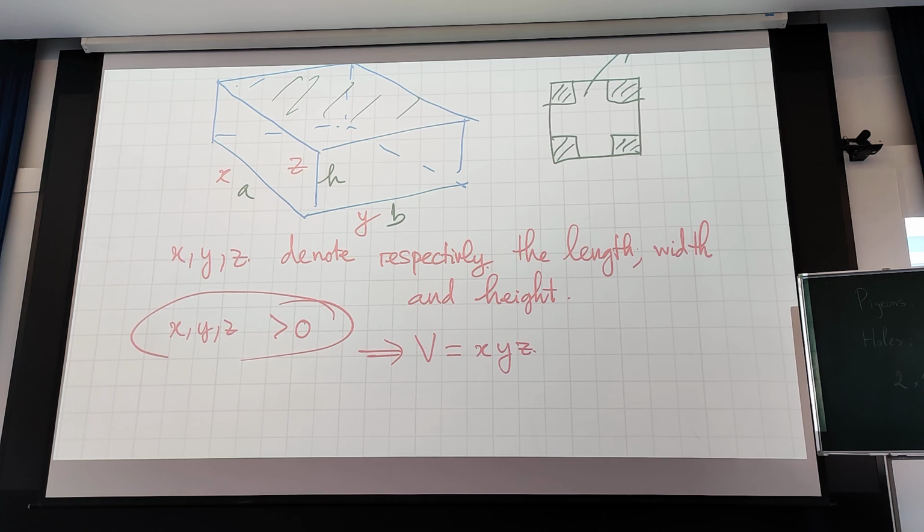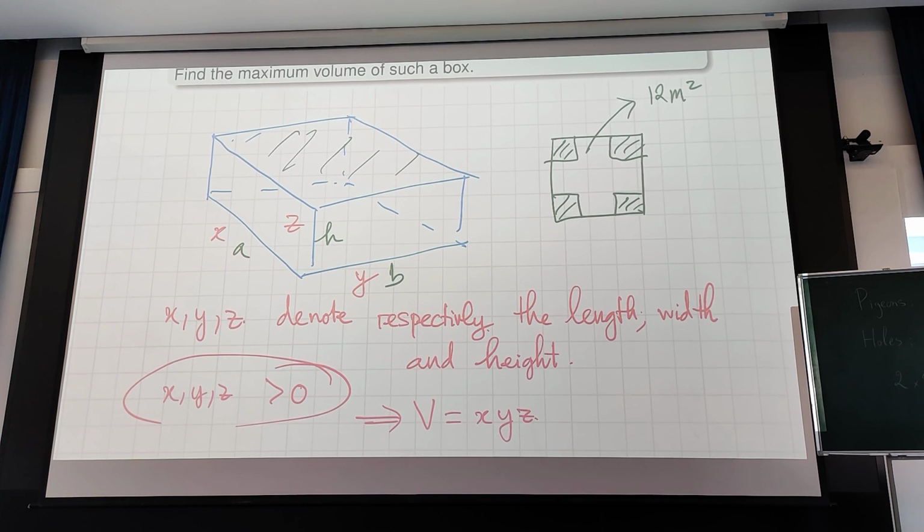In the next step, we need to find the constraint from the assumption of the area of this cardboard. Let's take a look closely at this picture of the cardboard. x is the length, and it should be this side, and this one is y, which is the width, and the height is given by this side of the square of the corner.